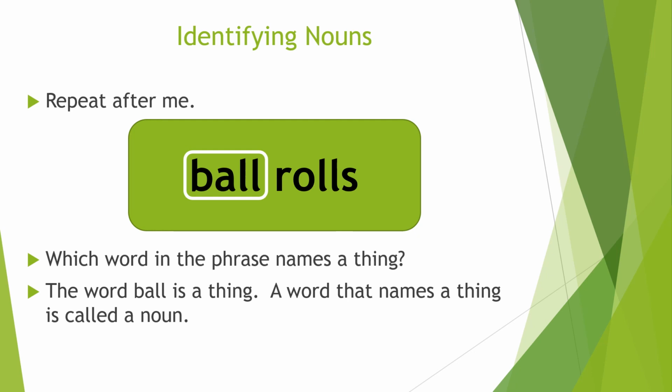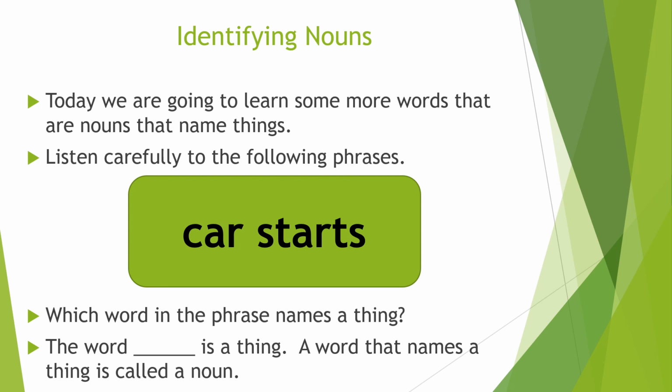Let's do some more. Today we are going to learn some more words that are nouns that name things. Listen carefully to the following phrases. Car starts. Which word in the phrase names a thing? The word car names a thing. A word that names a thing is called a noun. Big toe.